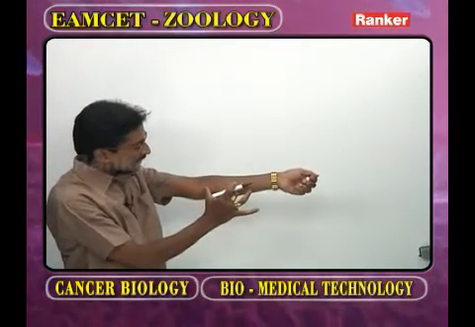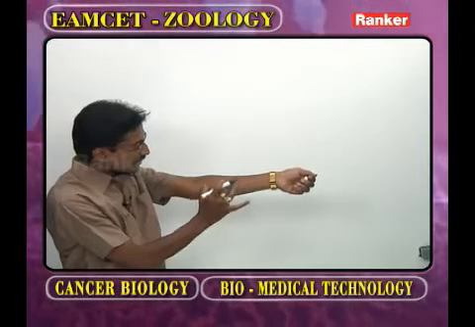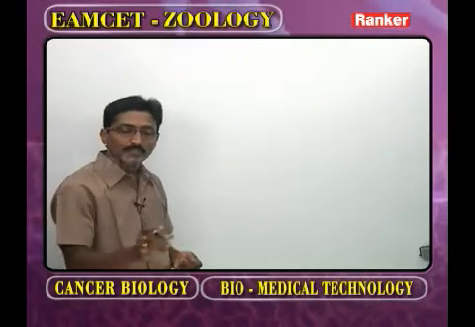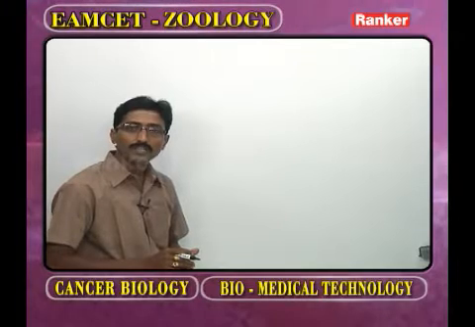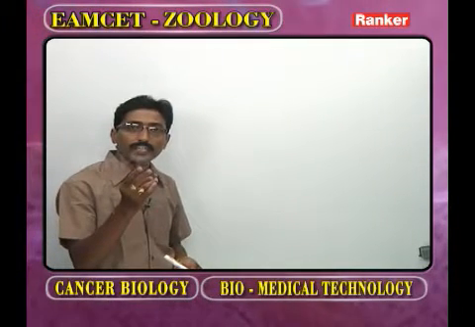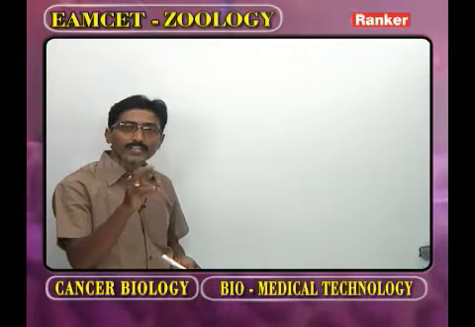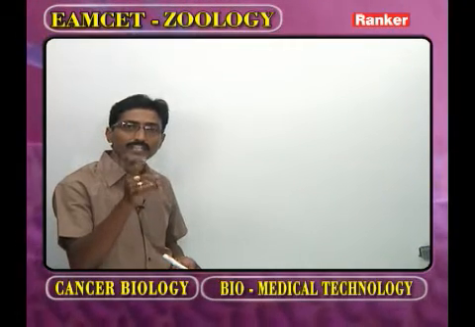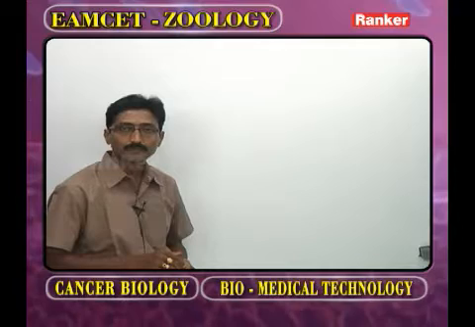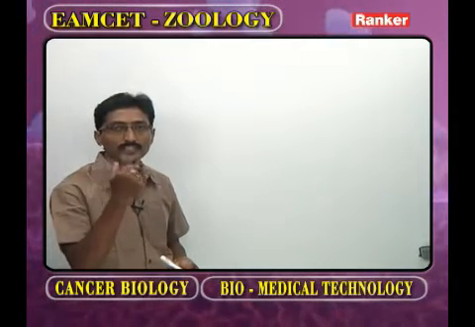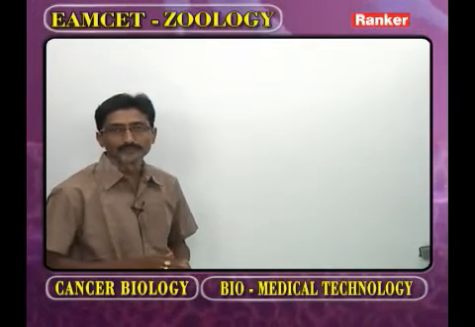That means in the same person's body the transplantation takes place. That we call autograft. What is meant by isograft? Genetically identical. Transplantation between individuals who are genetically identical. Generally it occurs between twins.